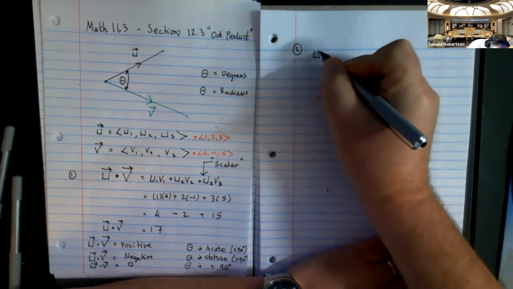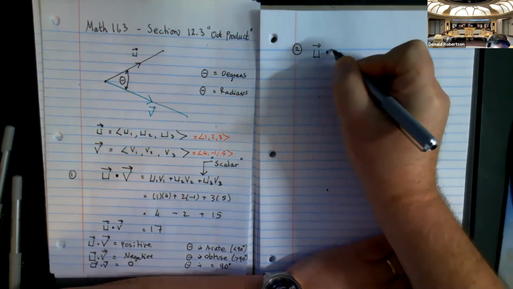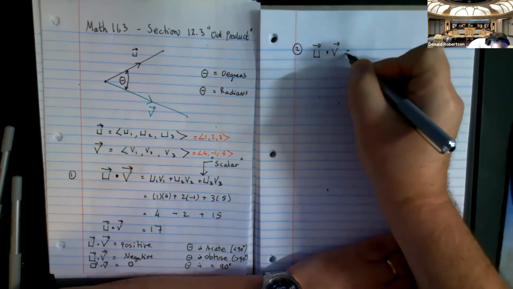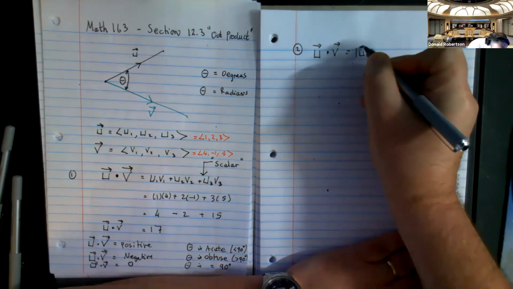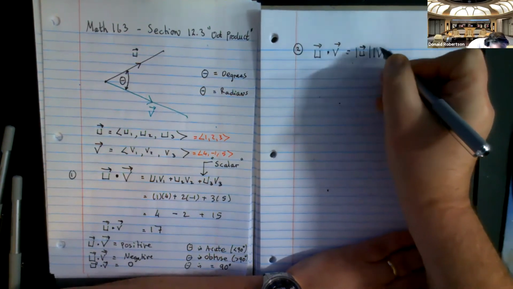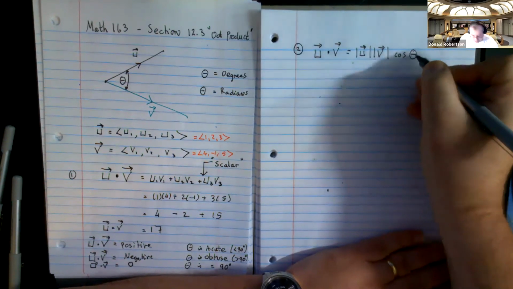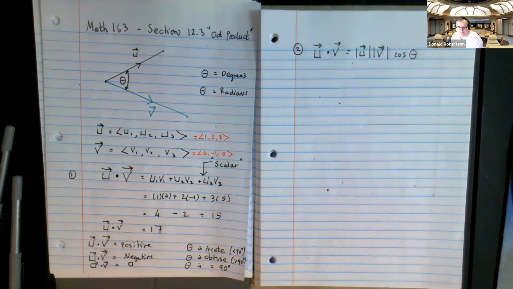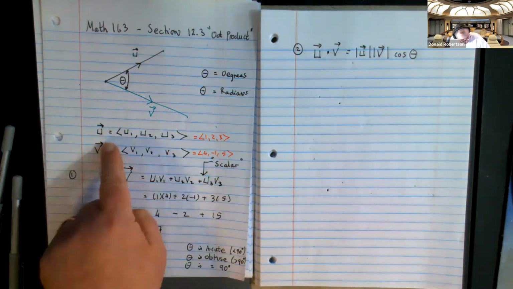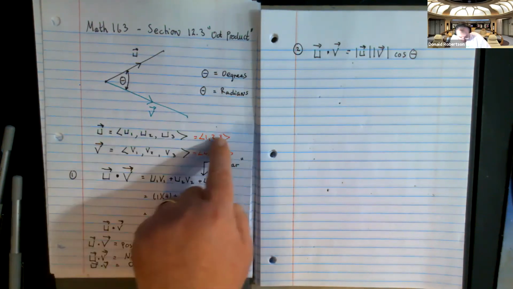Here is version number 2 now. U dot v equals length of u, length of v, cosine of theta. If you were doing a question like this, the information about the vectors u and v would not be their components.